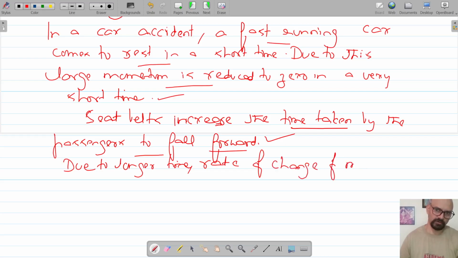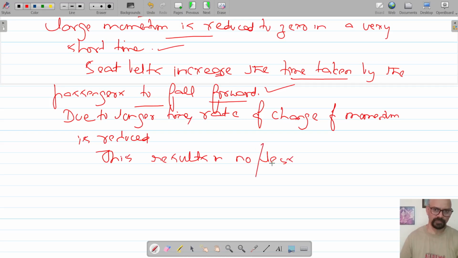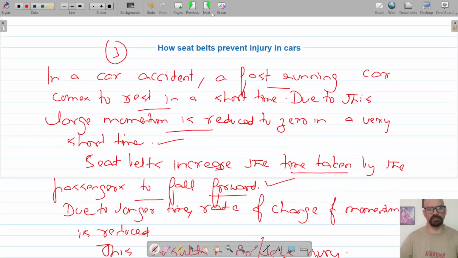This results in no or less injury. So that's why seat belts are provided in cars to prevent injury.